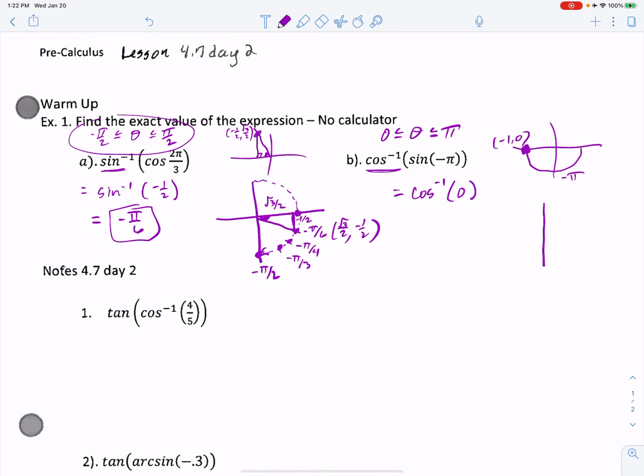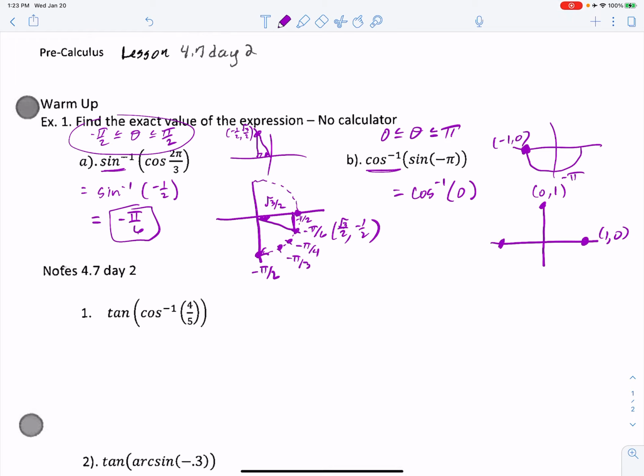And cosine is the x-coordinate. And for 0, it isn't one of the pi 6, pi 4ths, pi thirds, or 2 pi thirds, 3 pi 4ths, or 5 pi 6. It's not one of those. To get a 0, it's one of the quadrantal or axial angles. And on the unit circle, this point's 1, 0 when the angle is 0. When the angle is pi halves, this is 0, 1.